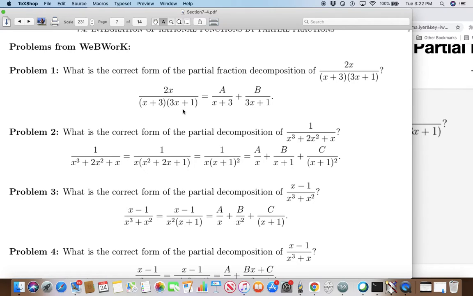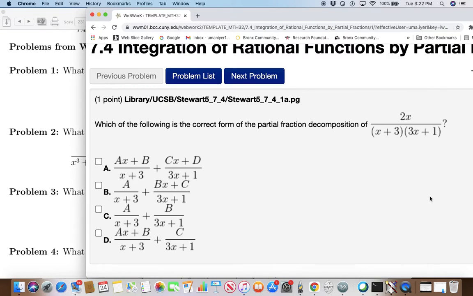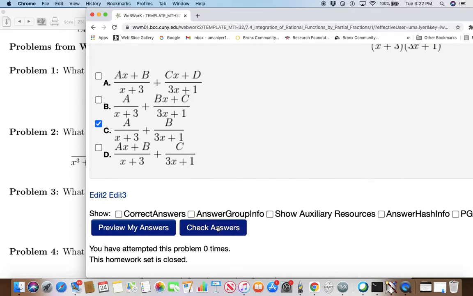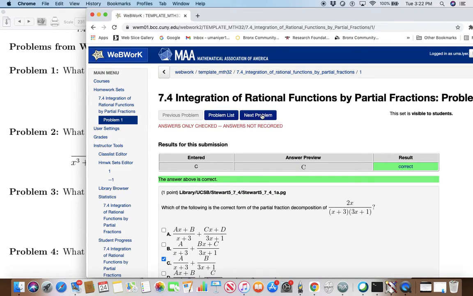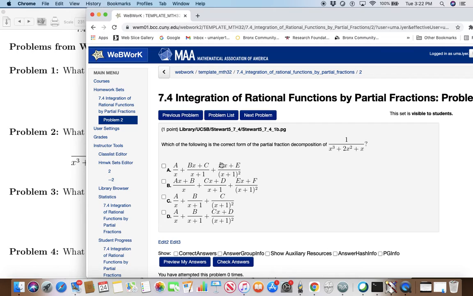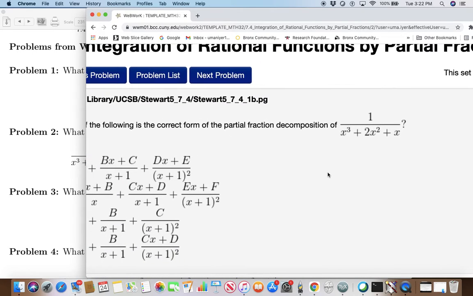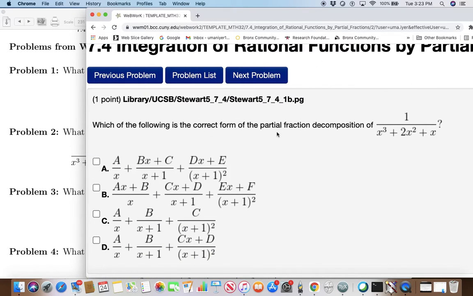Okay, so that's the correct form of partial fraction decomposition. So A over x plus 3 plus B over 3x plus 1. Check. Correct.